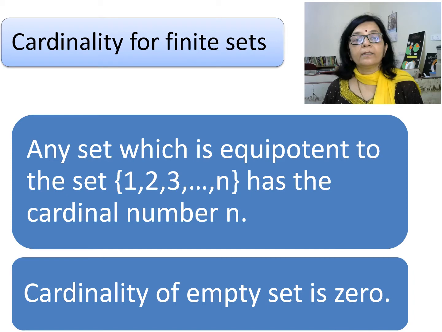After that, we come to cardinality for finite sets. Any set which is equipotent to the set {1, 2, 3, ..., n} has the cardinal number n. We know that the cardinality of the empty set is 0.